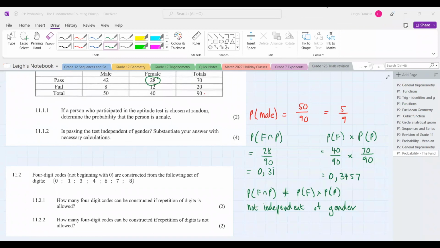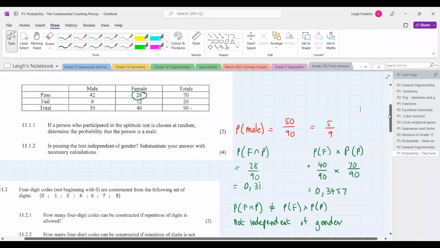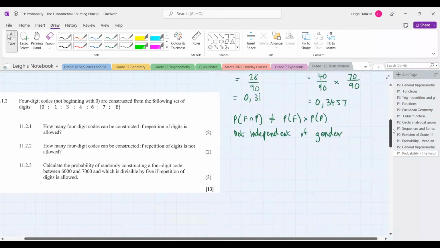Let's see in the last couple of minutes that we've got left if we can try some fundamental counting principle, because we've had a look at Venn diagrams and contingency tables.